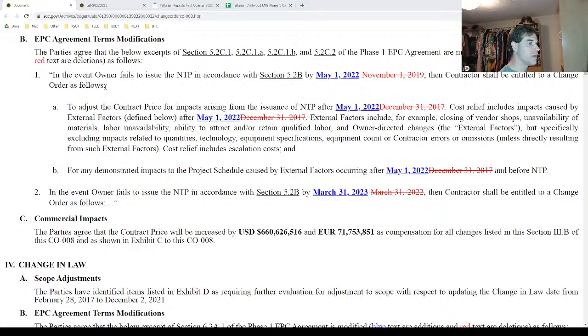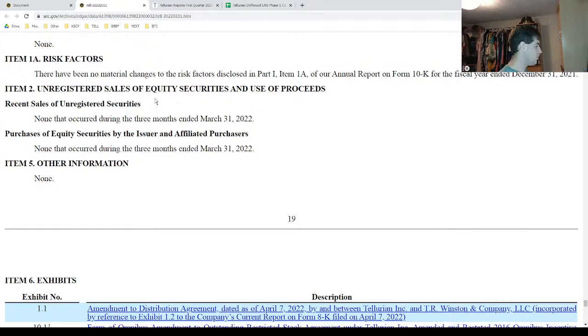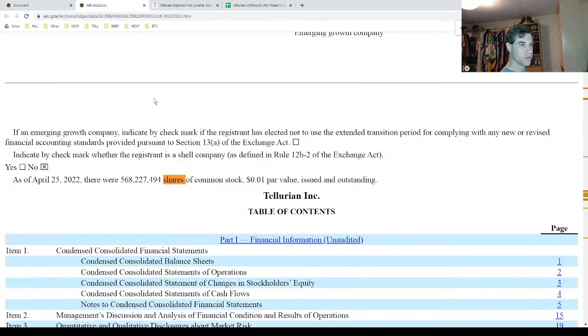So a couple other things I wanted to call out from the Q1 report: we did see the shares of common stock outstanding as of April 25th, 2022. There were 568 million shares of common stock outstanding.